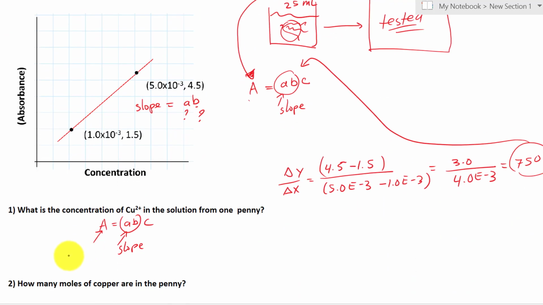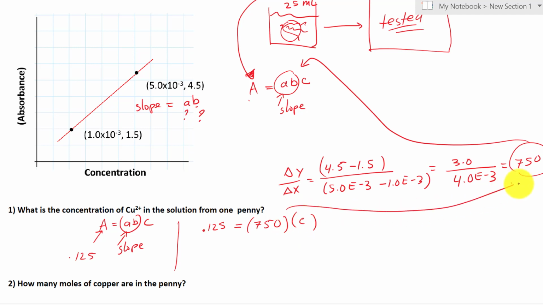So let's solve this. We have 0.125 equal to slope. And what's the slope going to be? 750, right there, times C. So what is C going to be? It is 0.125 divided by 750.